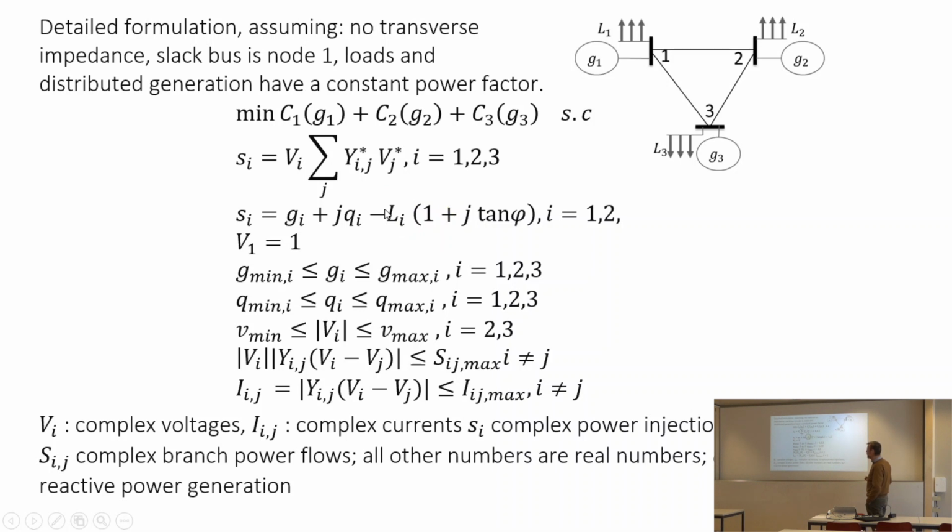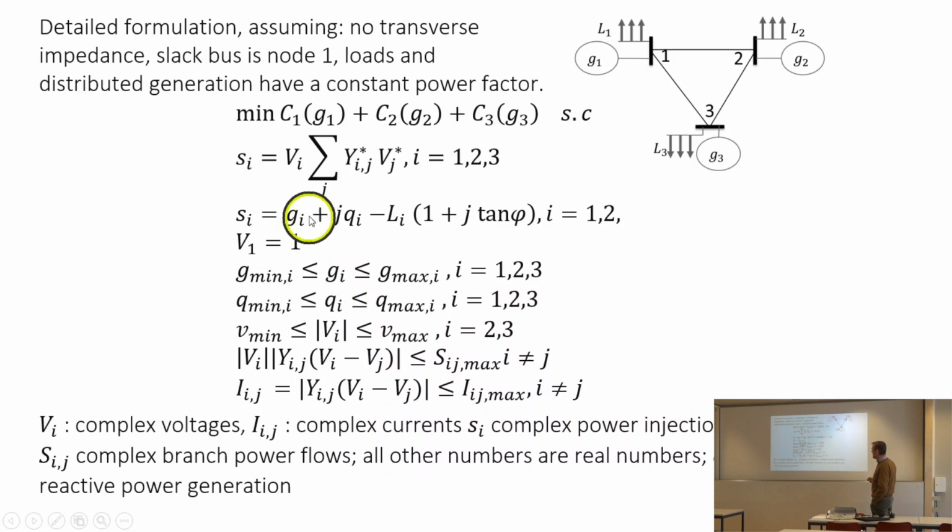And here the load also have a reactive component, which should be specified. In fact, here for simplicity, I'm assuming the reactive power of the load is inductive and has a fixed angle, which is assumed to be known. In reality, it will be varying, but let's assume it will be known. So that's the second constraint we have here.